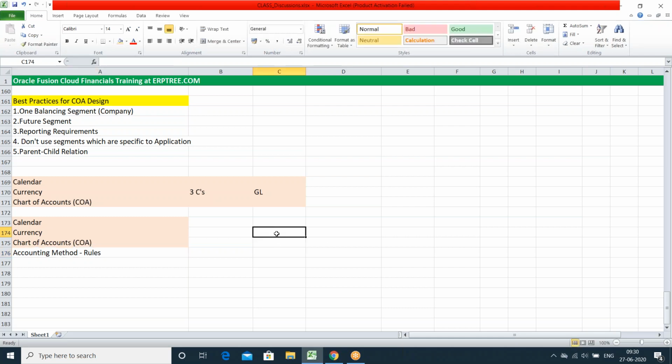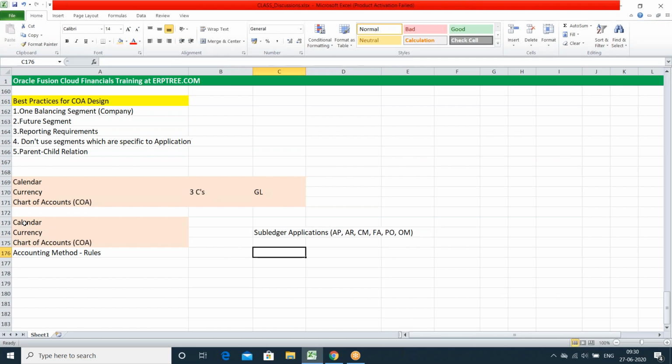Other than GL, all applications we call subledger applications. So AP, AR, CM, FA, PO, OM, and so on, many.